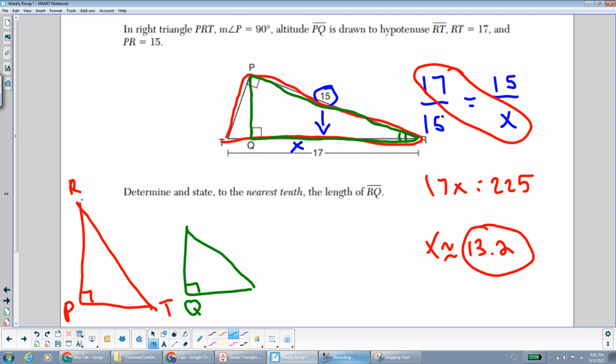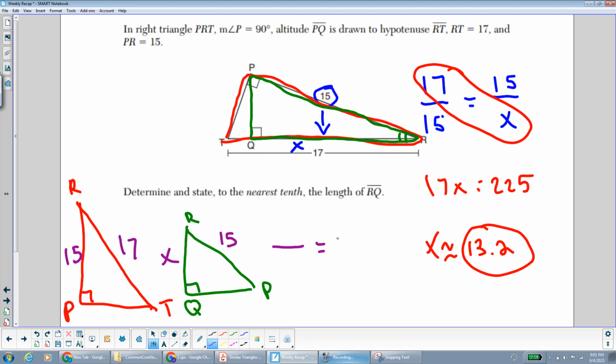If angle R is over here in the big triangle, angle R has to be here in the small triangle, and that leaves this point to be P. So now if I relabel the triangle, PR is 15. Oh, sorry, TR is 17, and we are looking for QR.